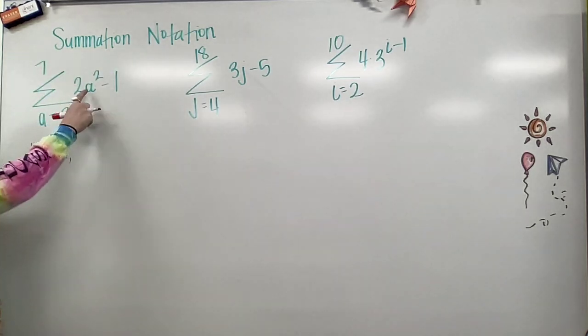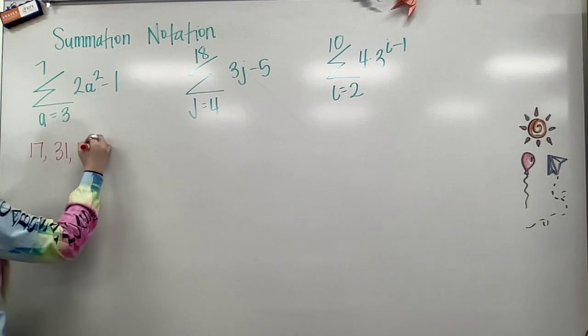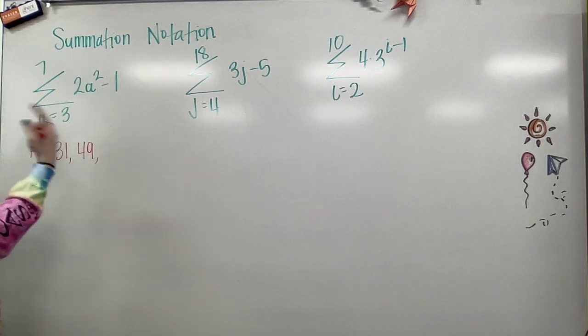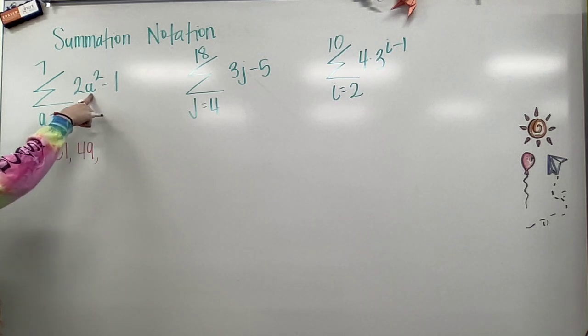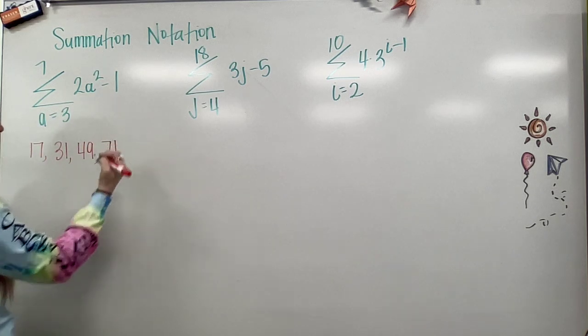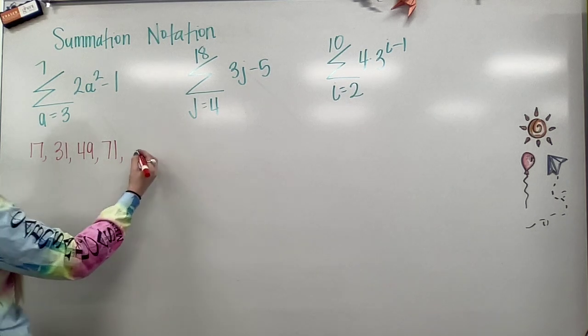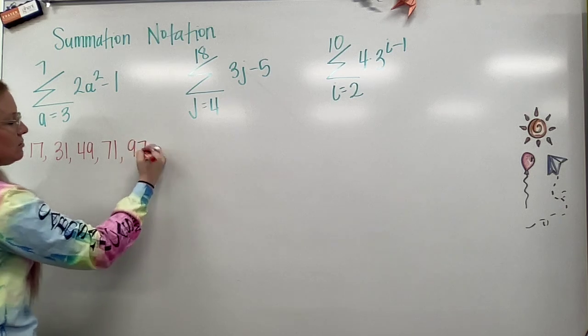Now I plug in 5. 25 times 2 is 50, minus 1 is 49. Plug in 6. 6 times 6 is 36, times 2 is 72, minus 1 is 71. And then I plug in 7. 7 squared is 49, times 2 is 98, minus 1 is 97.